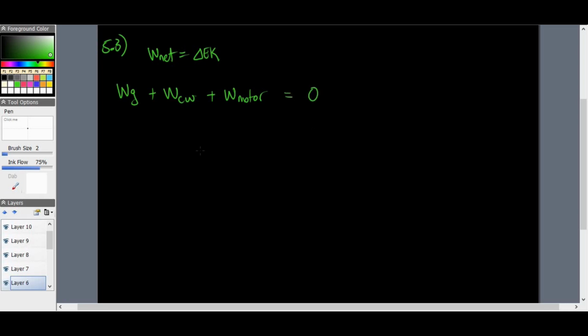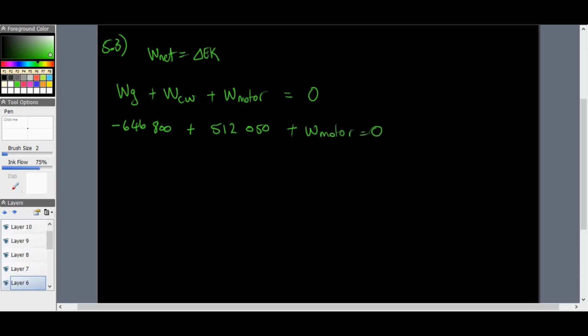Now the work done by the force of gravity was negative 646,800 joules, plus 512,050 joules, which was the work done by the counterweight, plus the work done by the motor, is all equal to 0.